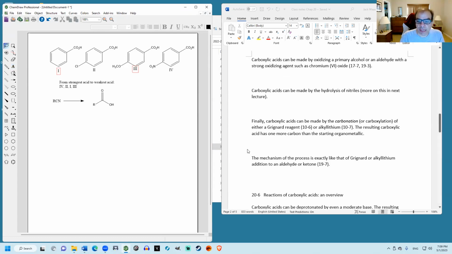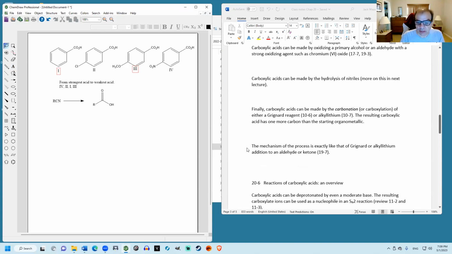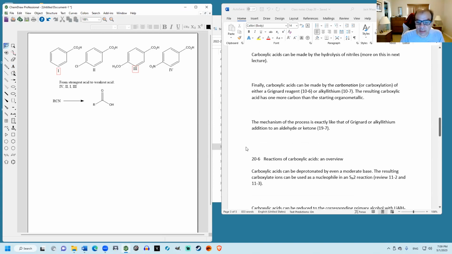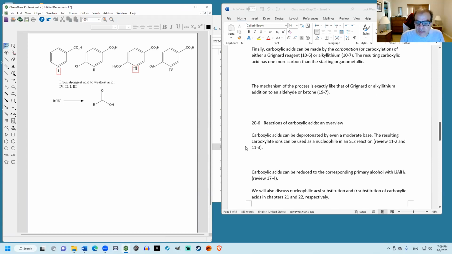And we also talked about carbonation of Grignard reagents. We went over that mechanism. It's the same as the mechanism of the Grignard reaction. And then we talked about reactions of carboxylic acids, which there aren't that many, because carboxylic acids are the least reactive acyl derivative.